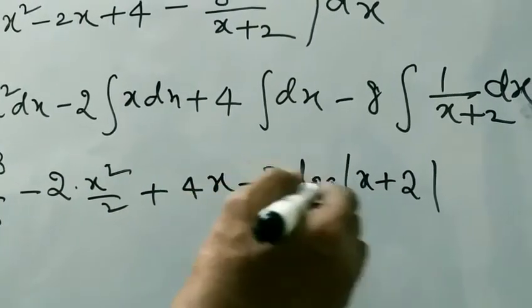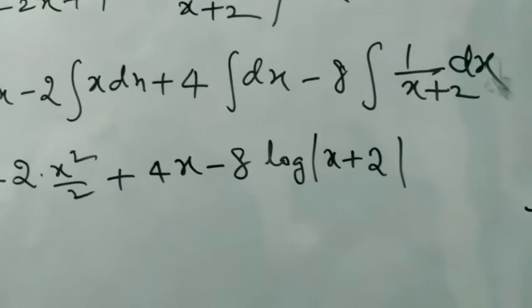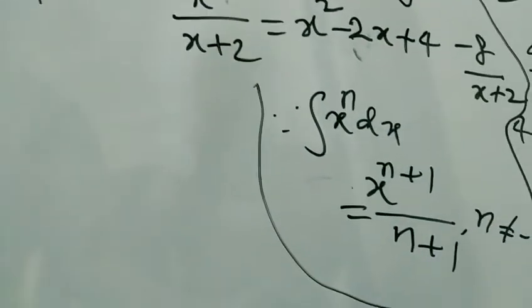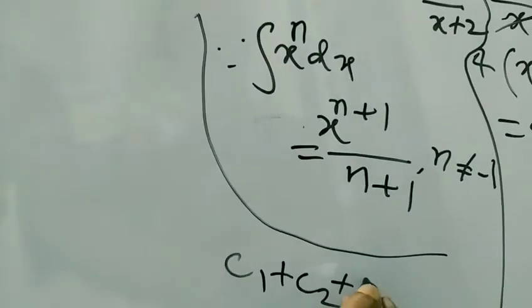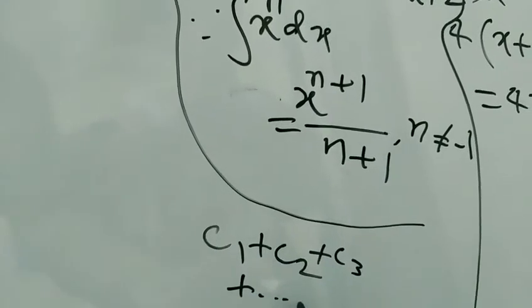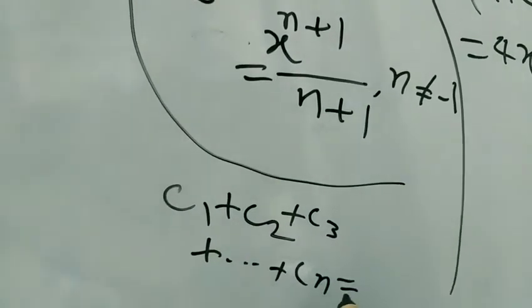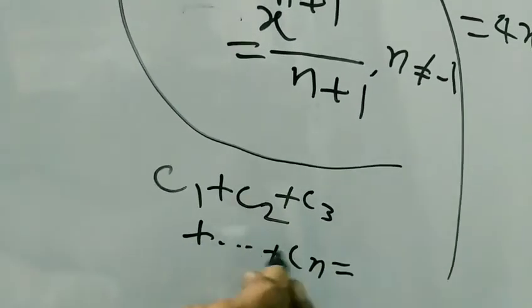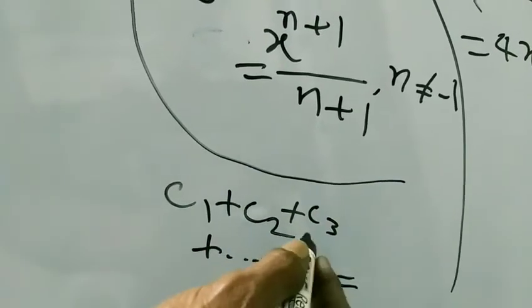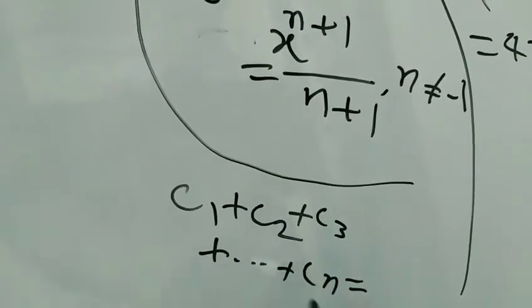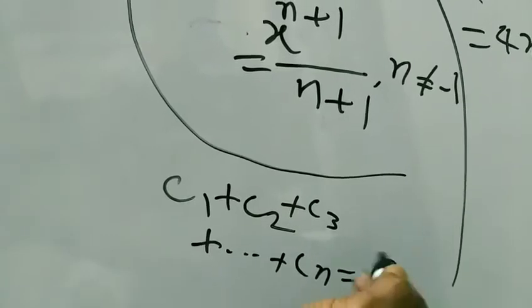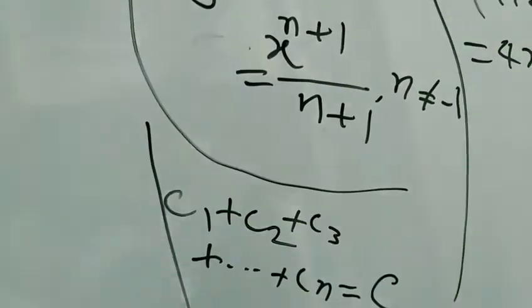So we know that c1 plus c2 plus c3 and so on plus cn are arbitrary constants. We can write capital C instead of c1 plus c2 plus c3 and so on plus cn. This is the arbitrary constant in this integration.